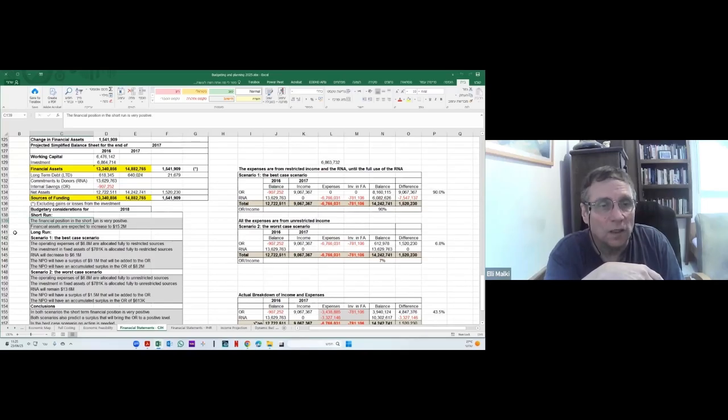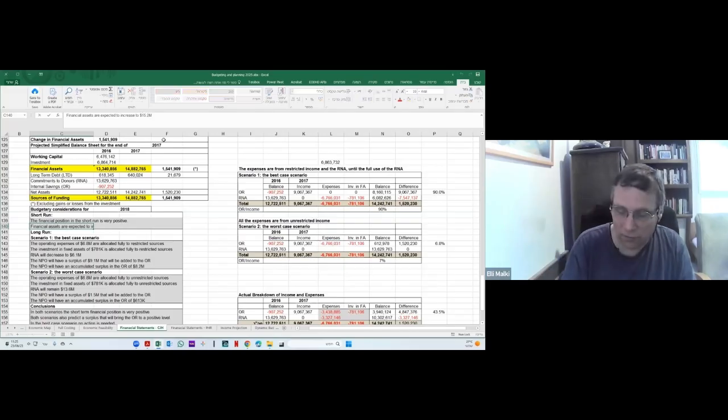So this is what is written here. The financial position in the short run is very positive. Financial assets are expected to increase to 14.8, but here I have a mistake. So sorry for that, but I'm going to fix it right away, 14.9.